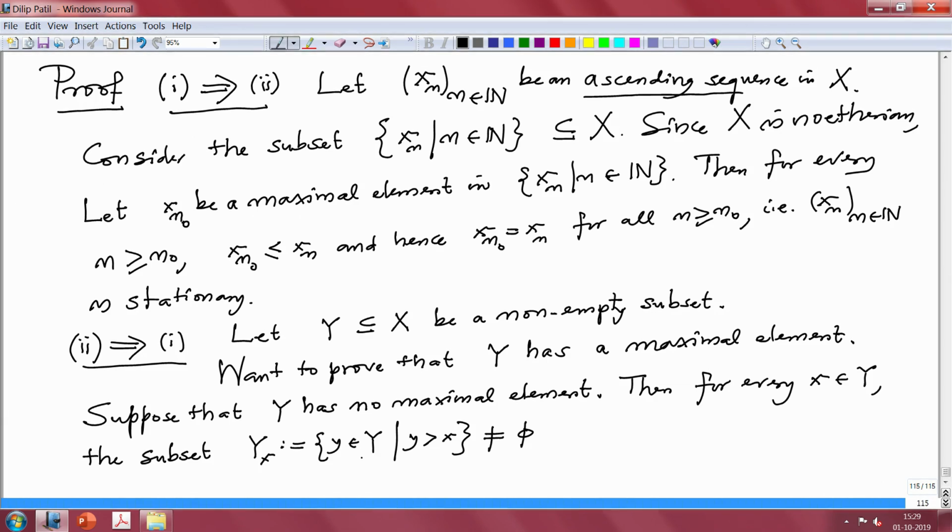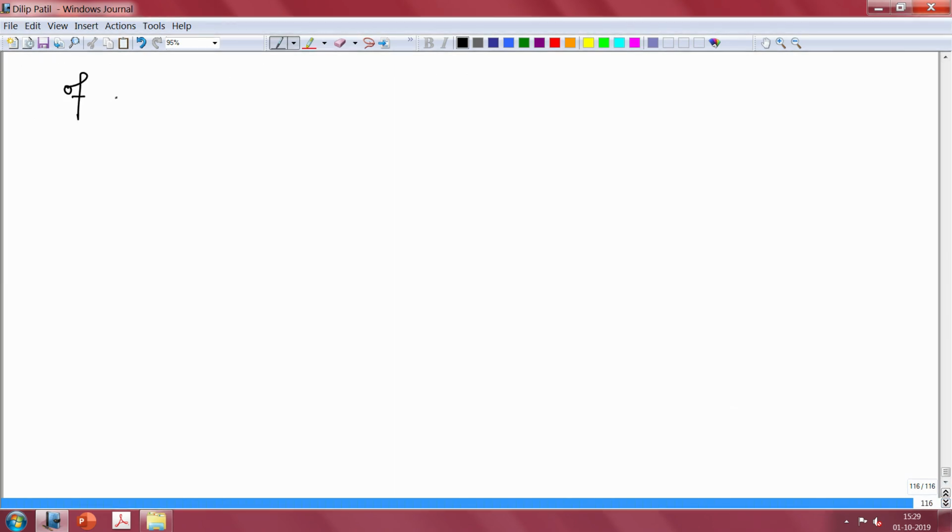Now consider the family of subsets Y_x as x varies in Y. This is a family of subsets indexed by the set Y, and each one of them is non-empty.